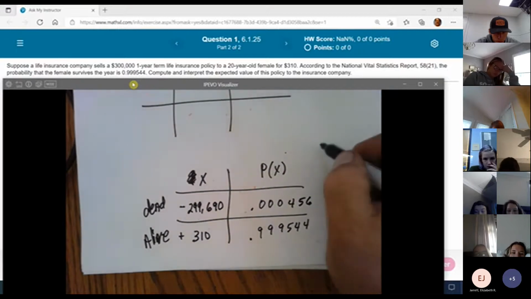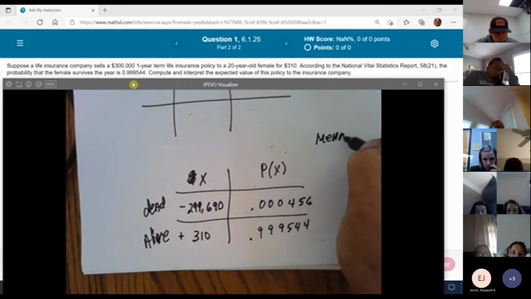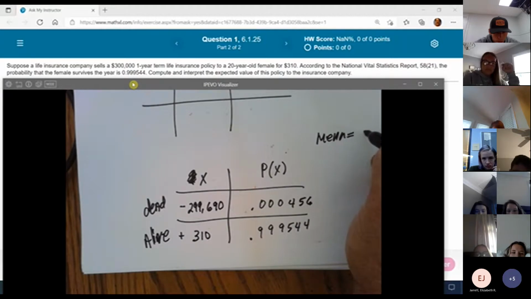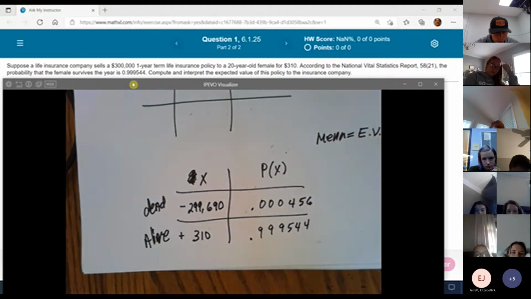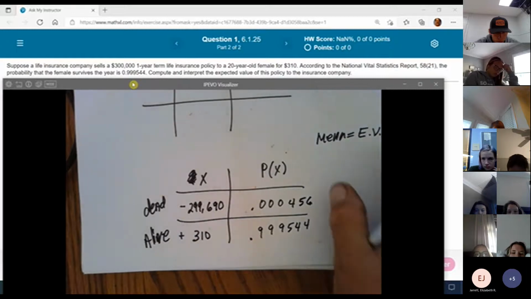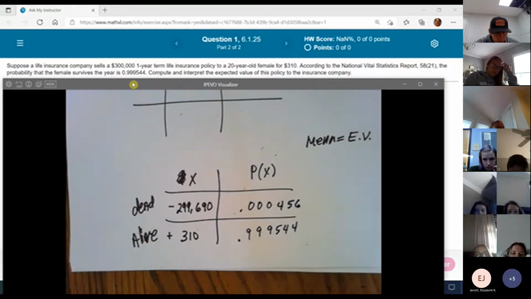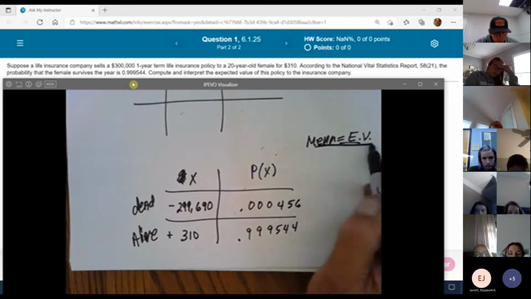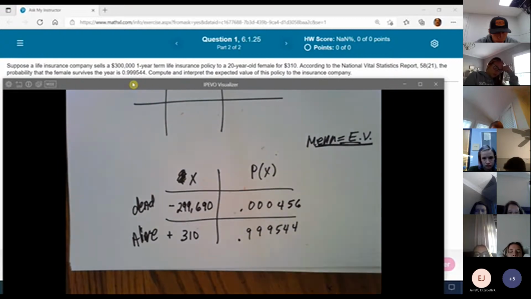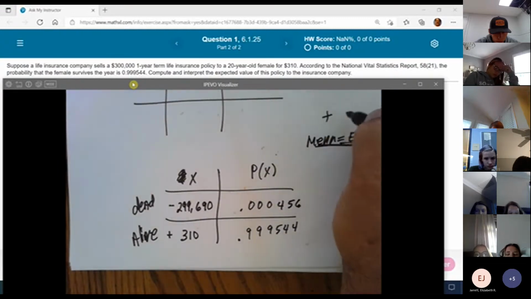And the mean is equal to, what do they call this thing? The expected value. That says that in the book also. I don't know if we covered it or not, I think we did. But if we didn't, the mean is always the expected value. If expected value is positive, then you got a profit.